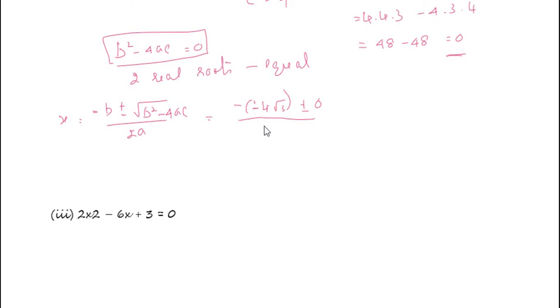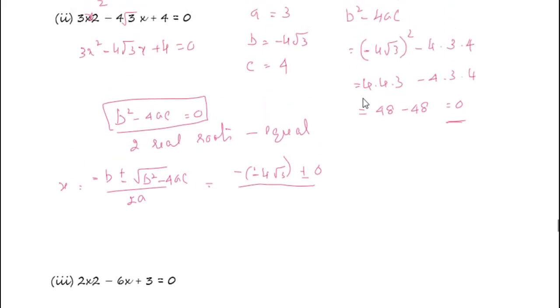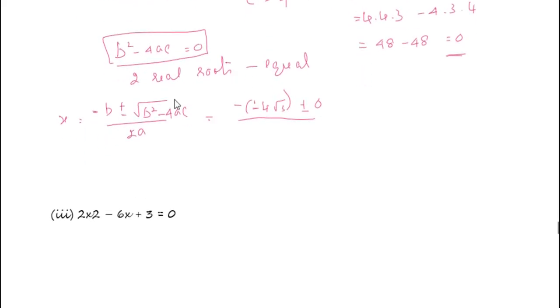2a is 2 into a, and a is 3. Minus of minus is plus, so 4 into √3 divided by 2 into 3, plus or minus 0. So the answer here is 2√3 divided by 3.